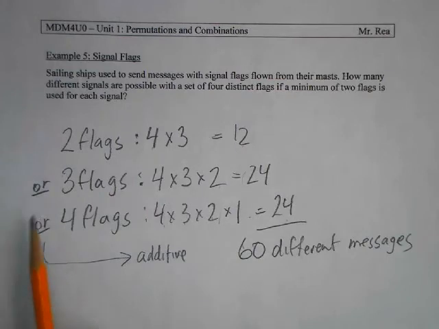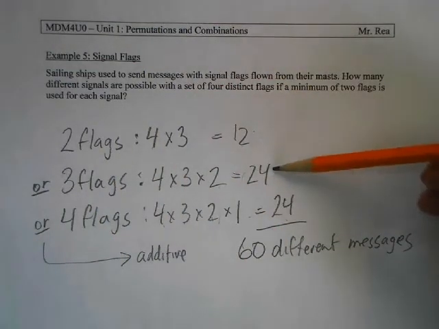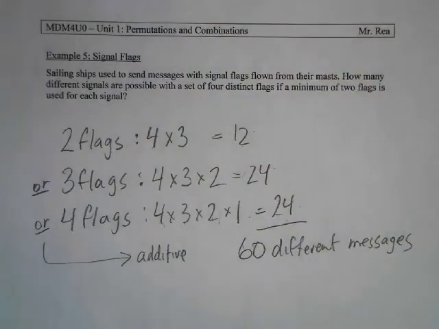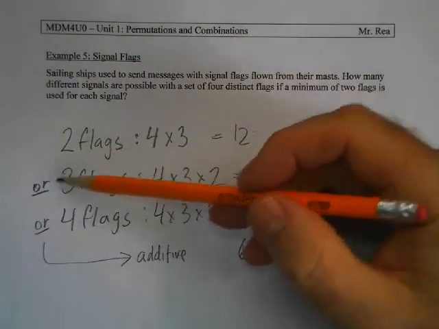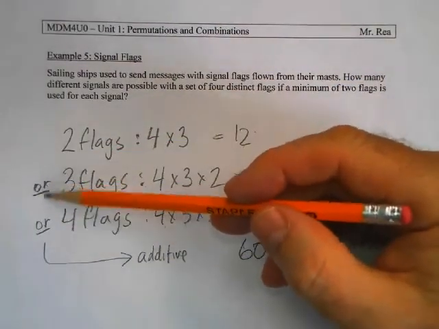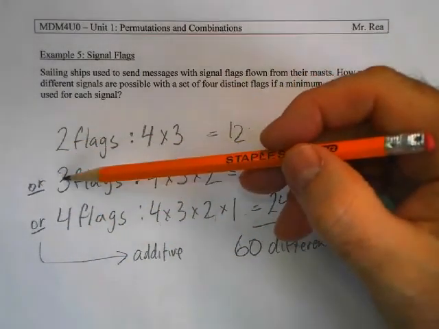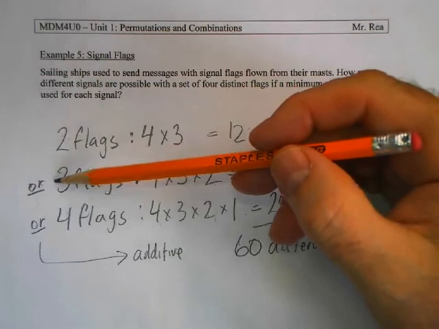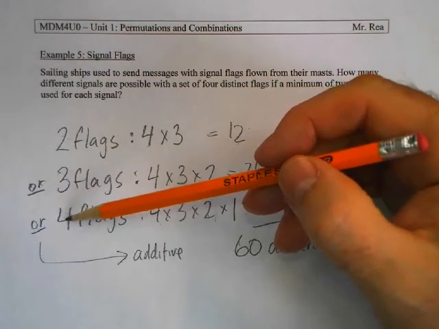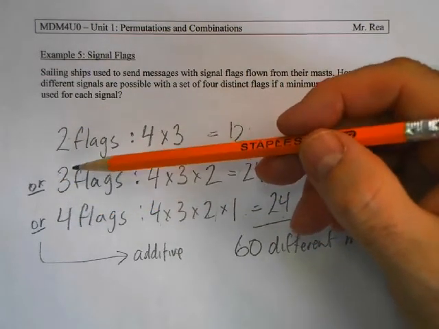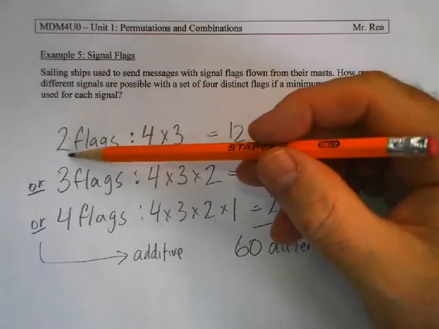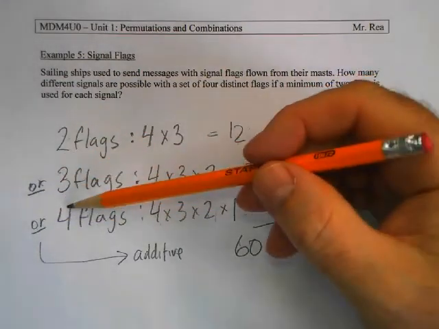Okay, now the reason why I'm not multiplying 12 times 24 times 24, if you think about it, if I replace the words or here with and, 2 flags and 3 flags and 4 flags, well that doesn't make sense because I can't have a signal that has 2 flags and 3 flags and 4 flags.